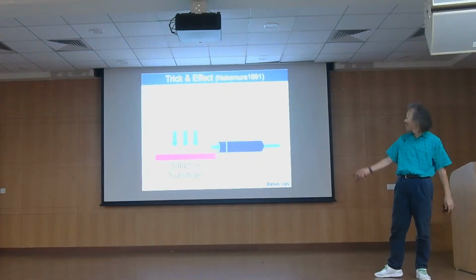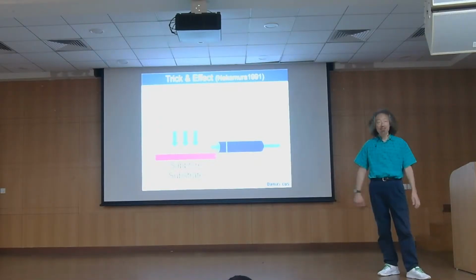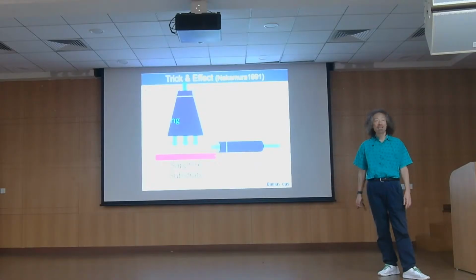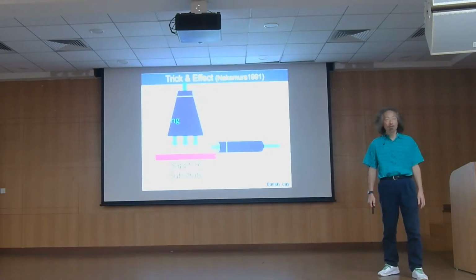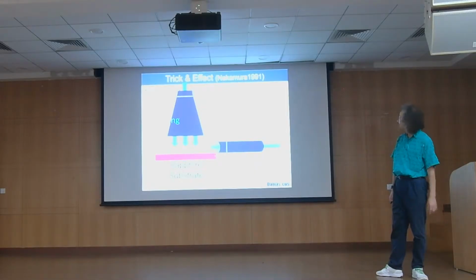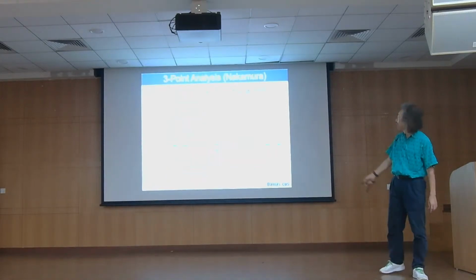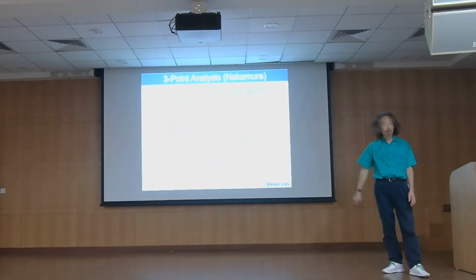It's very simple. To make the pressing gas more uniform, he actually introduced a funnel-like structure like this. So this is what he illustrates in his original paper. So what is the three-point analysis like for this case? The value and the problem don't change.